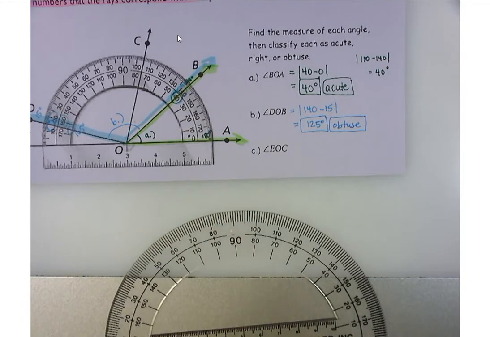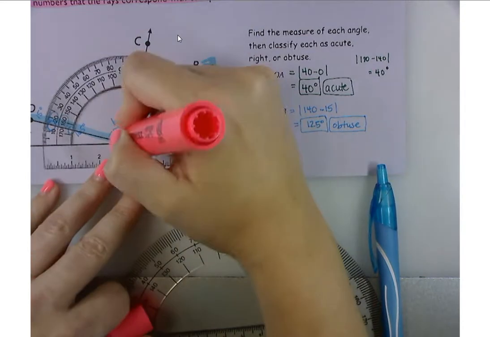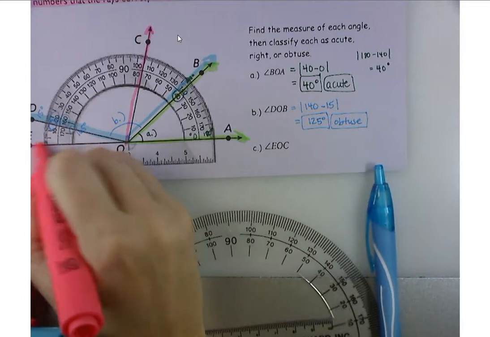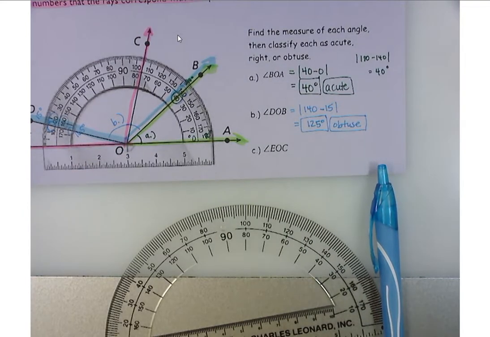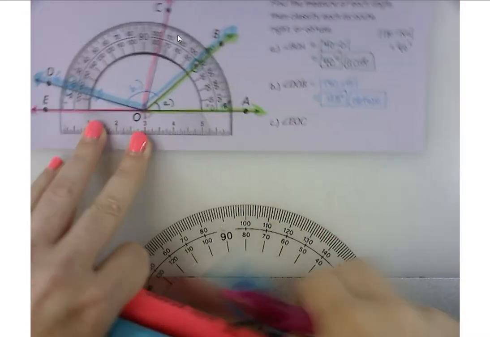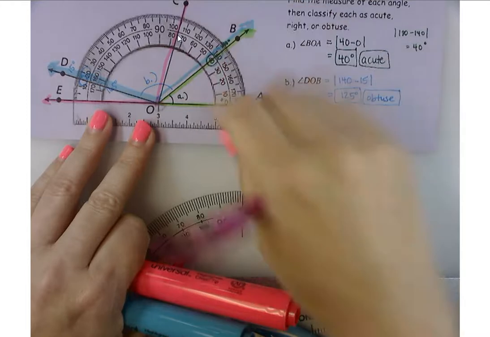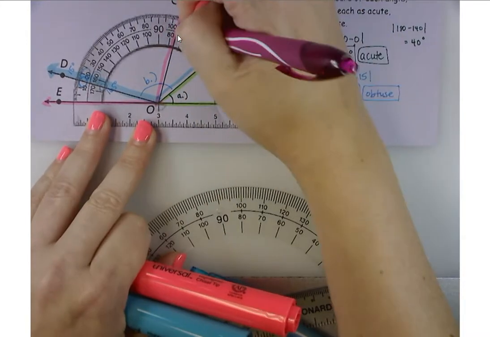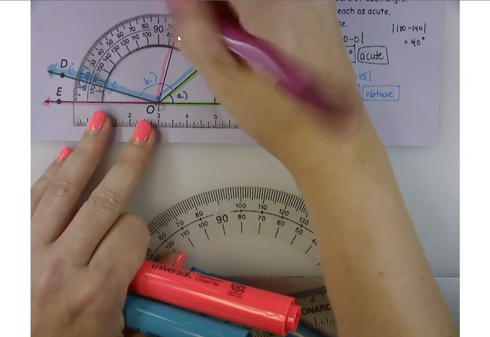And then for our last one, we have EOC. This is another one that lines up with 0. Now, when you're choosing what this is going to be, you can see here this is in between those two. So in between 100 and 110, in between 80 and 70.